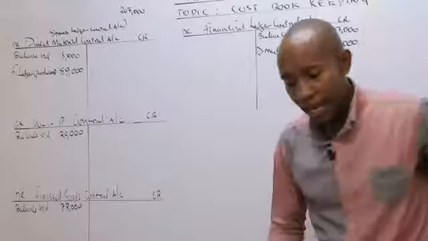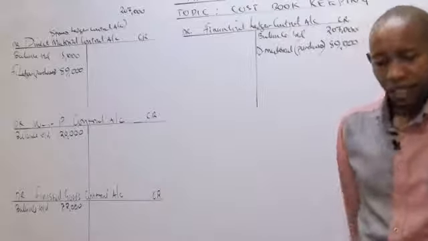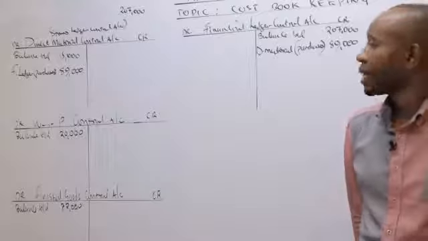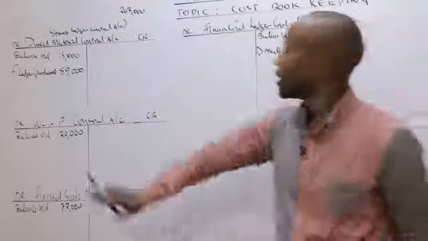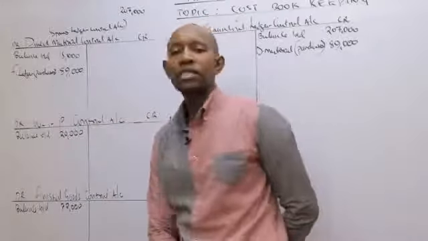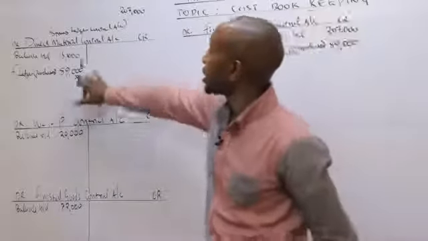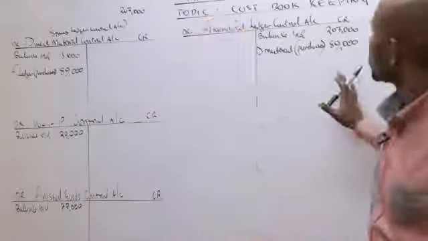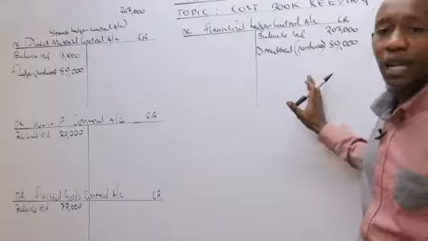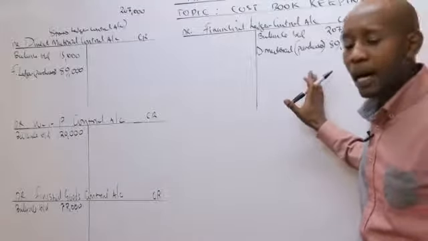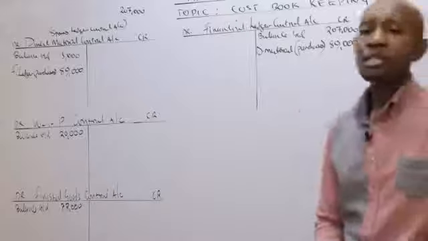I hope that transaction is clear. Purchase of material: debit the material account or the stores ledger control account, and credit the financial ledger control account. The double entry must be complete.